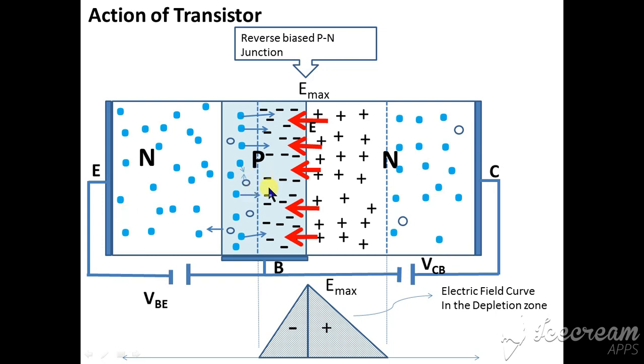Now the question arises from the student: in spite of the existence of negative ions in the base region of the depletion zone, how do free electrons of the base region diffuse into this region?